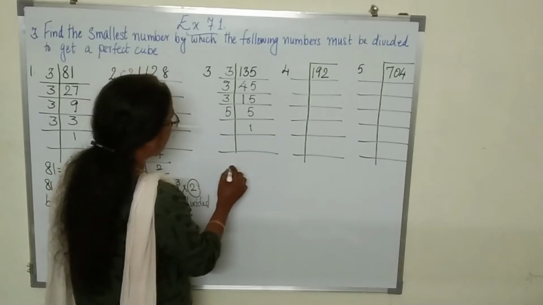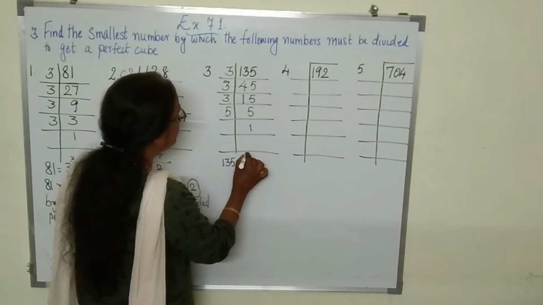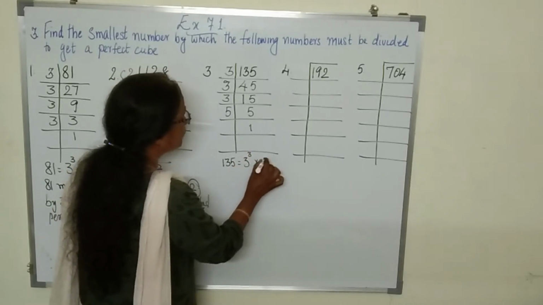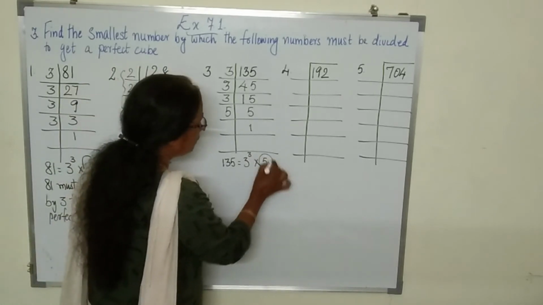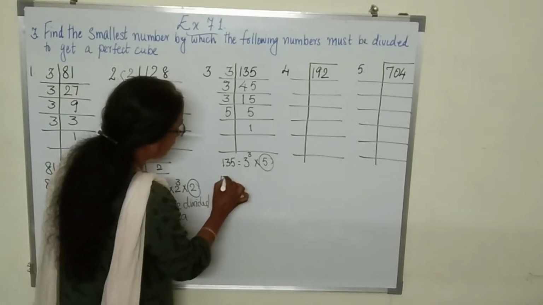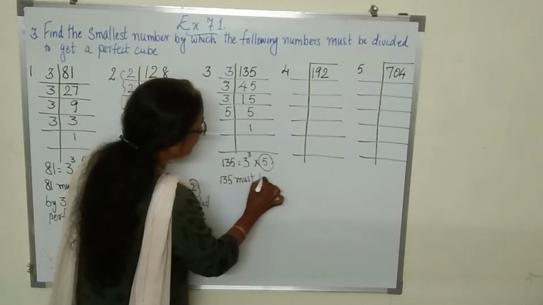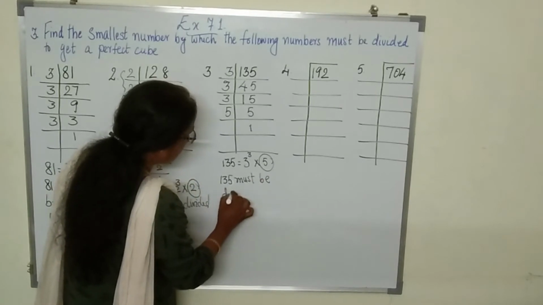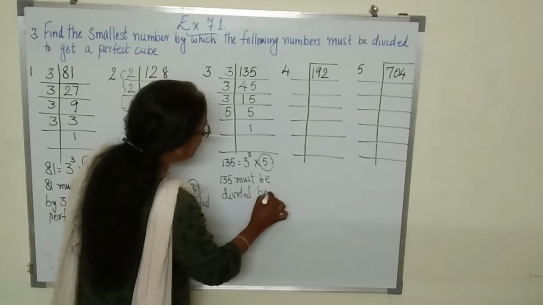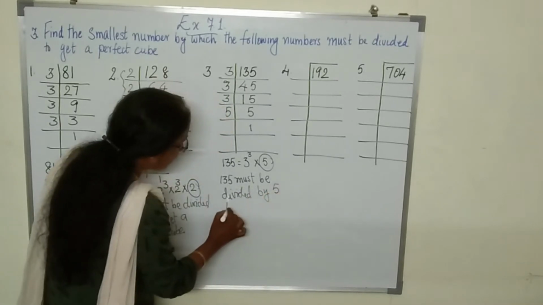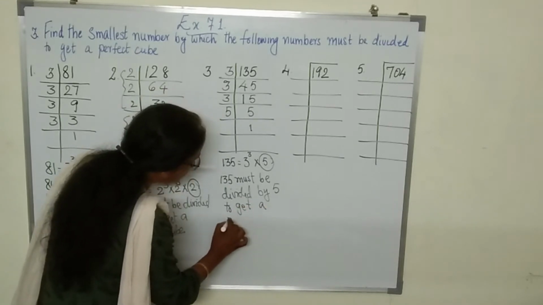So we get 135 is equal to 3 cube multiplied by 5. So what is the extra factor here? 5. So we need to remove 5. So 135 must be divided by which number? 5 to get a perfect cube.